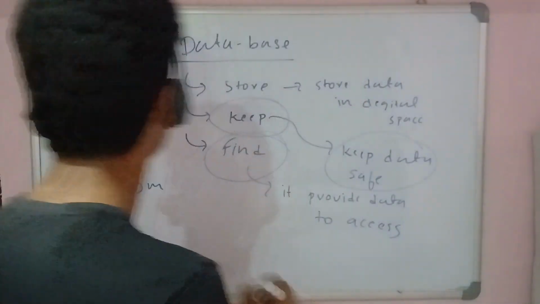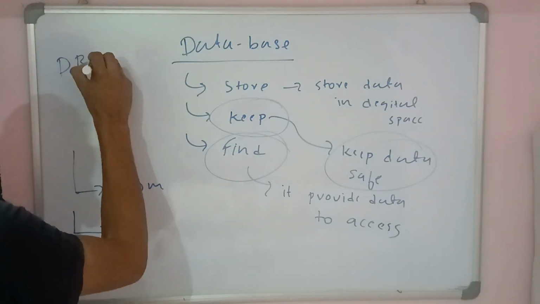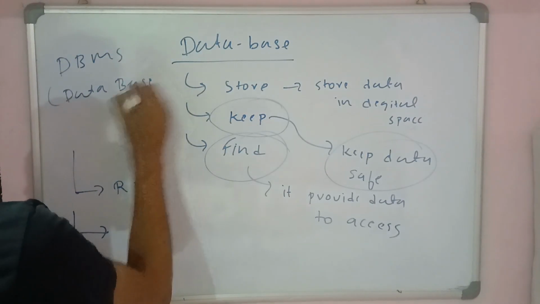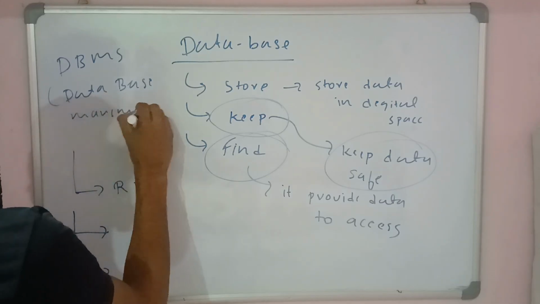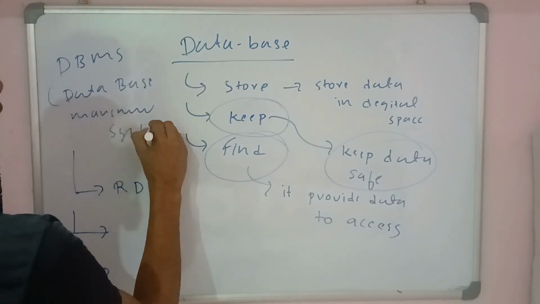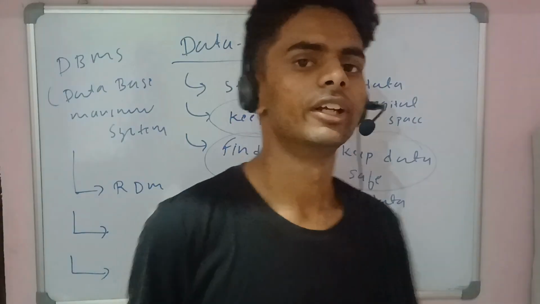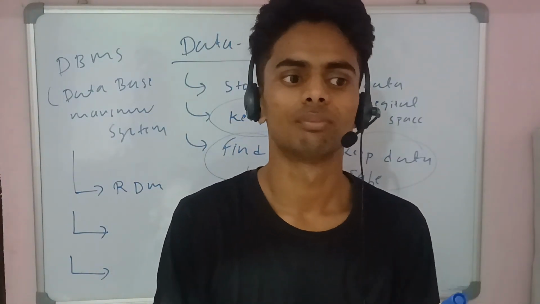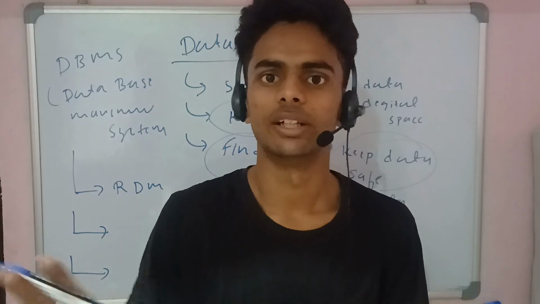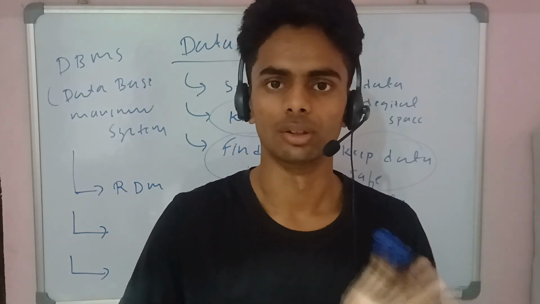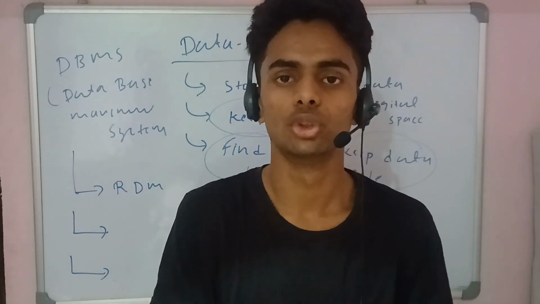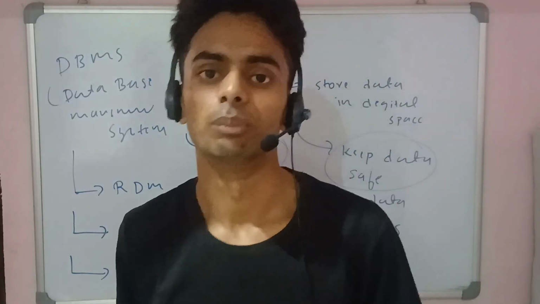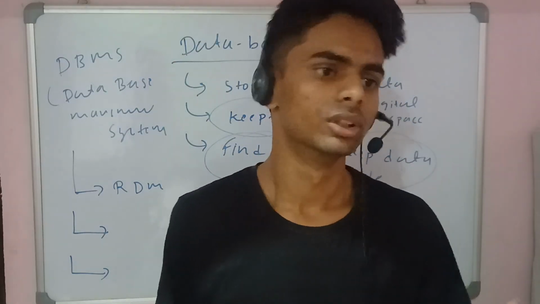DBMS stands for database management system. It is software specially designed for communication between the database memory space of the computer and a user. If the user wants to keep something, they use the software to keep the information, and they can use any type of database.